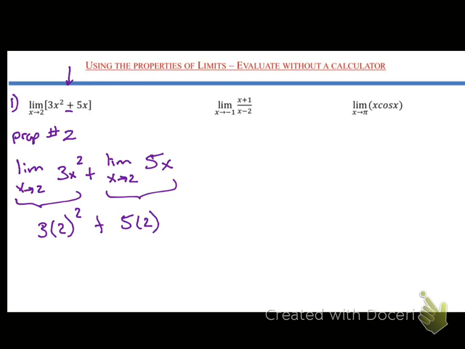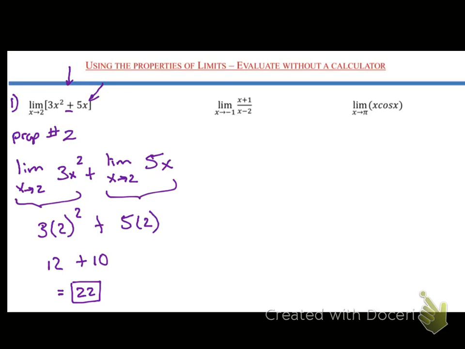So let's see, we get 4 times 3, that's going to give us 12, plus 10, so we get 22. Now again, we would have gotten that if we had just plugged in 2 to the original polynomial up here. You can verify that quickly probably, but I wanted to demonstrate using property number 2.